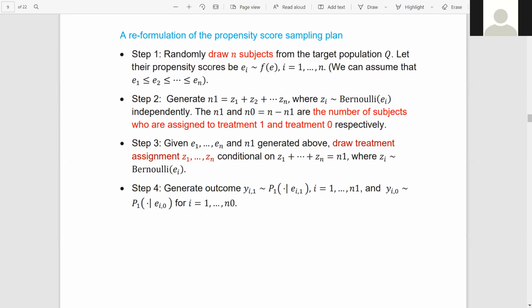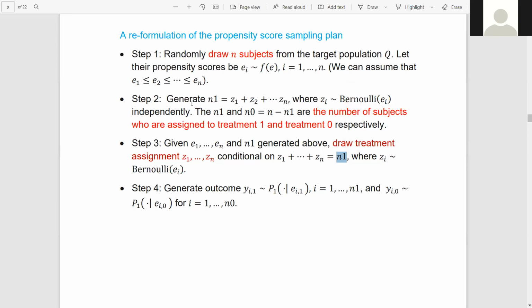Now, given the first 2 steps, we're going to draw this E1, E2, and EN, okay? So we'll condition on the total number N1, the number of subjects in group 1.